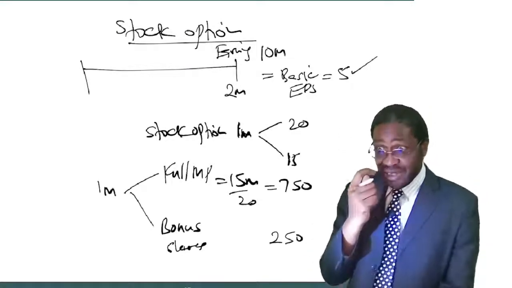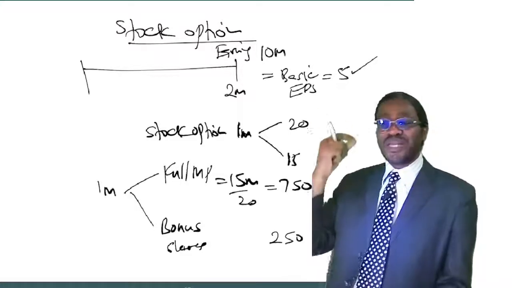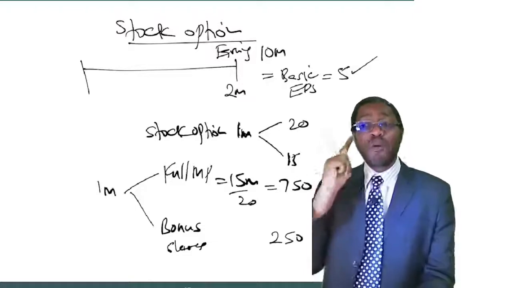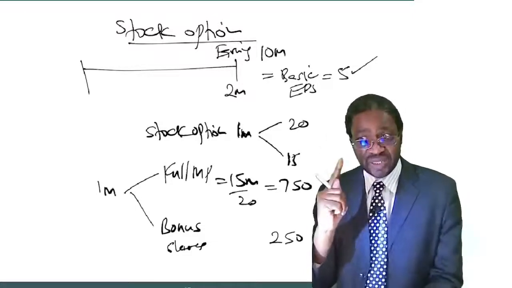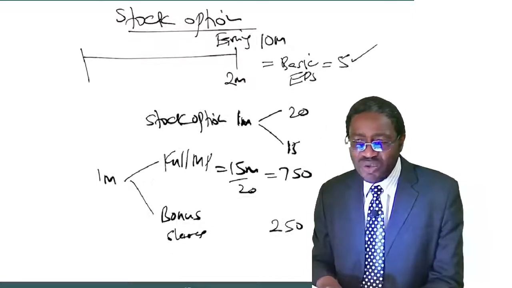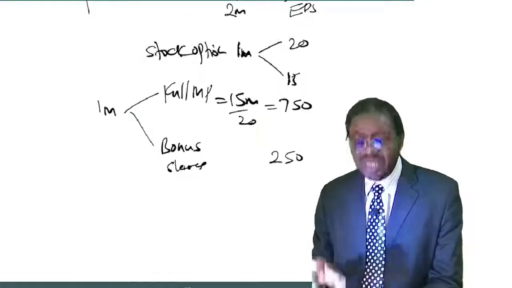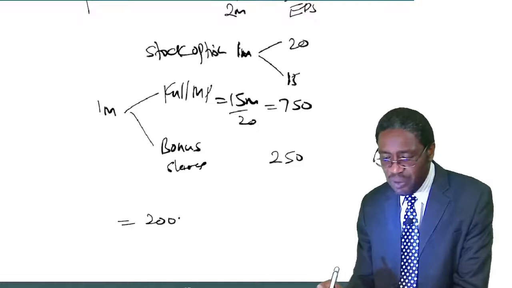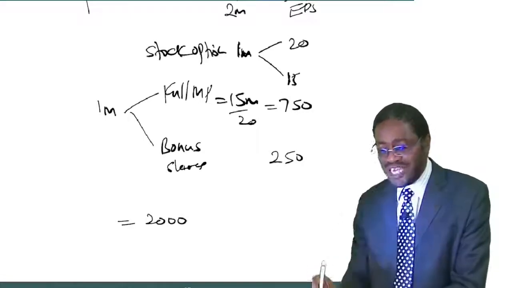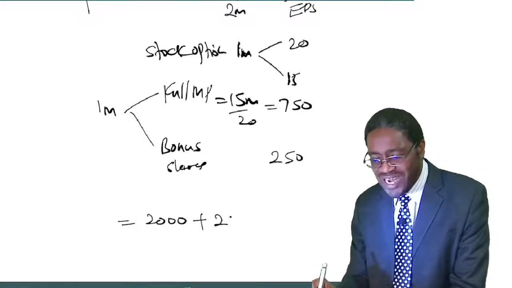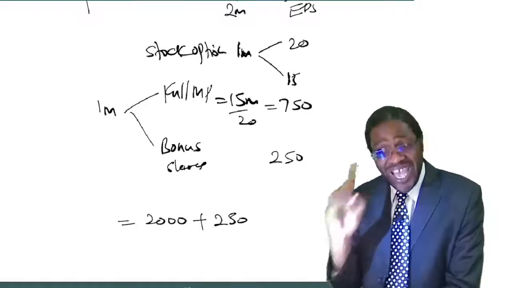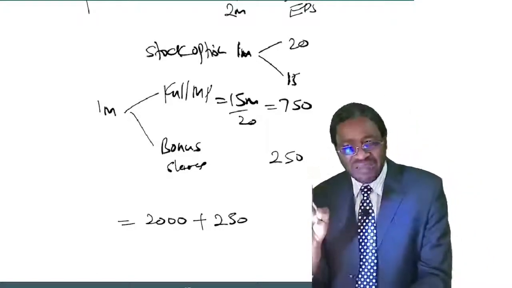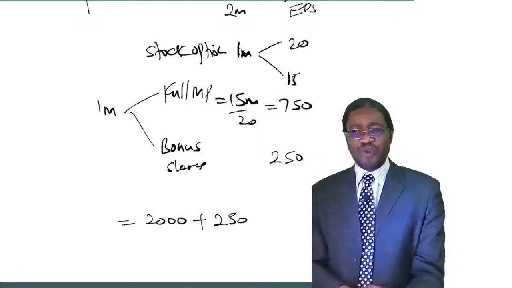Now, because the company has a stock option, when you are computing the diluted earnings per share, you will take the number of shares for basic EPS, 2 million, then you add only the bonus share element. Only add the bonus share element to the number used for basic EPS.